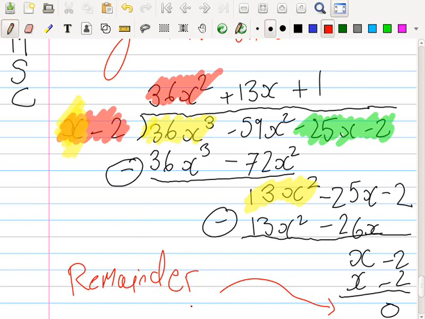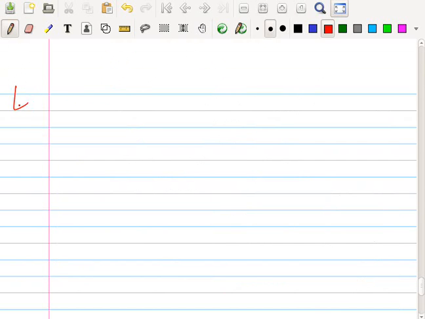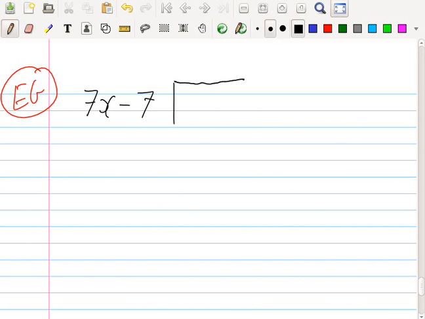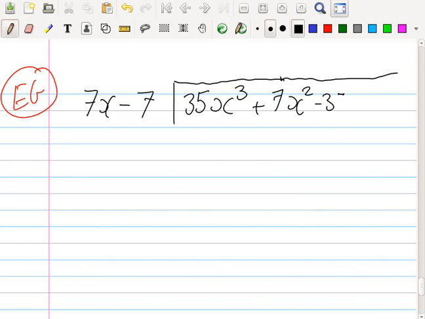Okay, another example now. So I'll do 1h as an example. It's a little bit more difficult because now, instead of just an x, you're dividing with a 7x. So you have 7x minus 7 divided into 35x cubed plus 7x squared minus 35x minus 6.